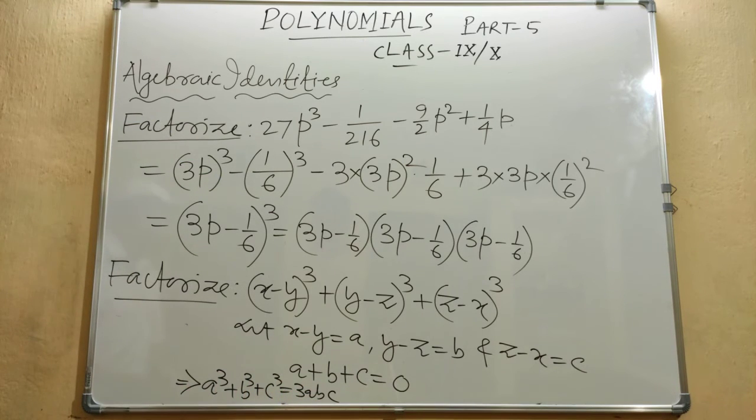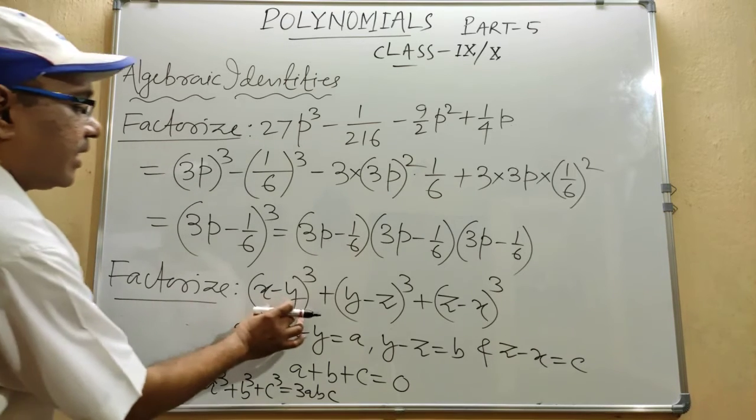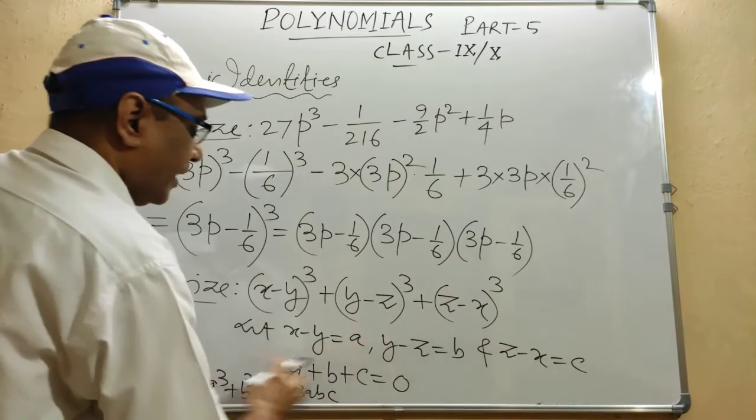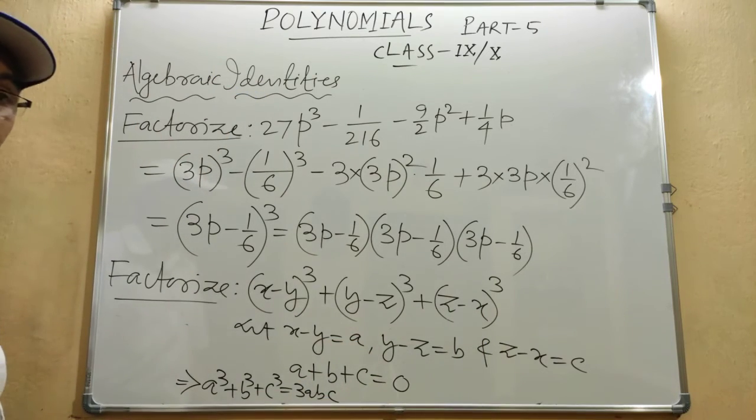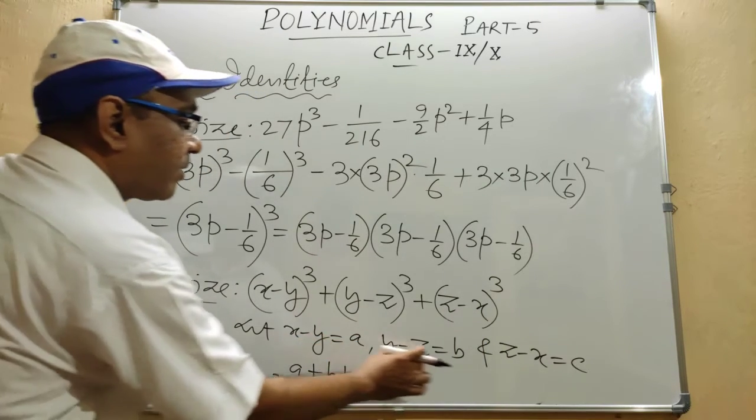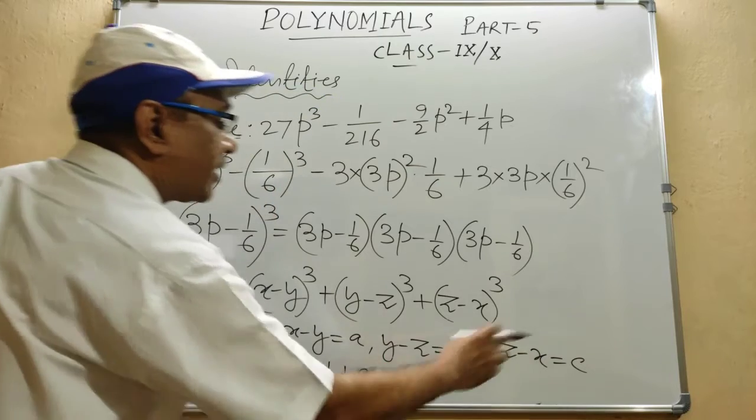If a plus b plus c equal to 0, then a cube plus b cube plus c cube can be written as 3abc. So this is a, this is b, this is c. Then a plus b plus c is coming 0. इसको जोड़िए, इतना प्लस इतना, देखिए सब कटेगा.